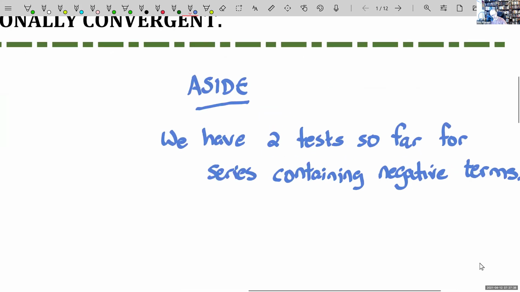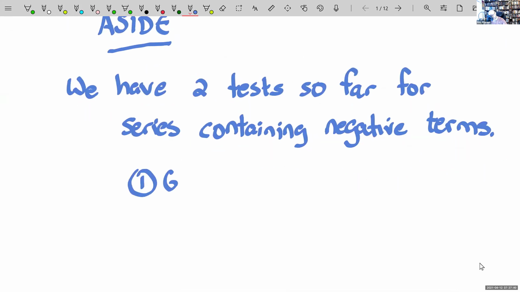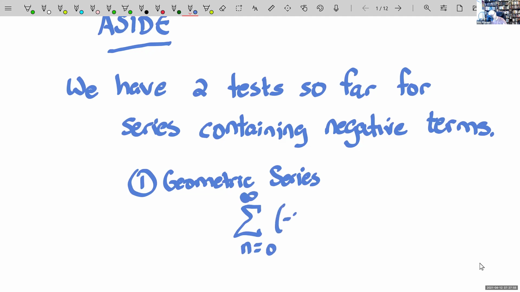However, geometric series can actually have negative terms, right? You could have the summation n equals 0 to infinity of, let's say, -2/3 to the nth power.